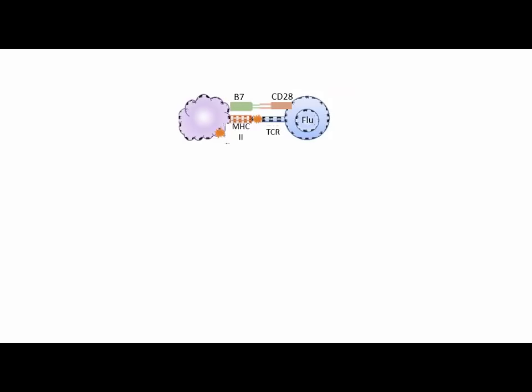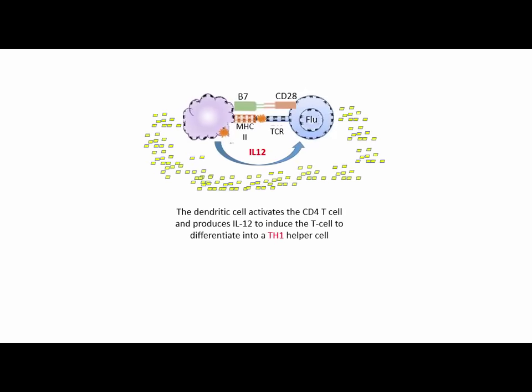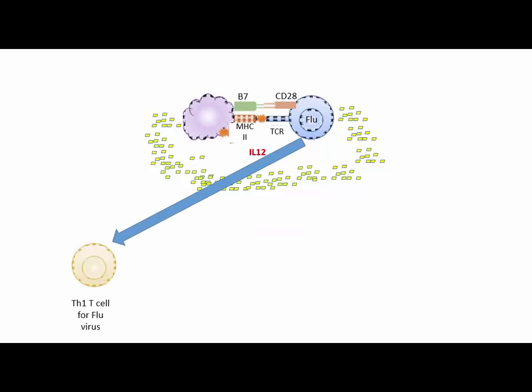So we have a CD4 T cell that has been activated and instructed to become a Th1 cell. The dendritic cell will produce IL-12 and instruct the CD4 cell to differentiate into a Th1 cell.